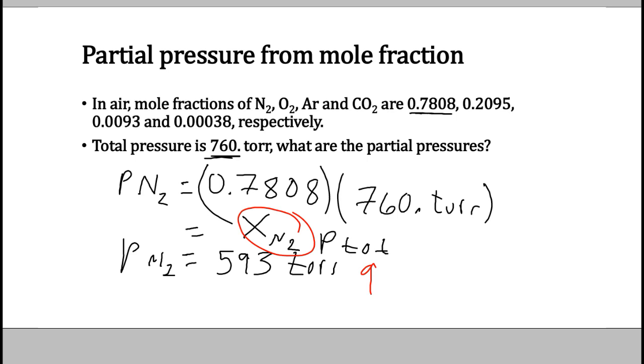Okay, that's more or less what Dalton's law is talking about. It's saying that the sum of all the partial pressures equals the total pressure because the gases do not attract or repel one another. So the total pressure is given by the sum of all the gases.